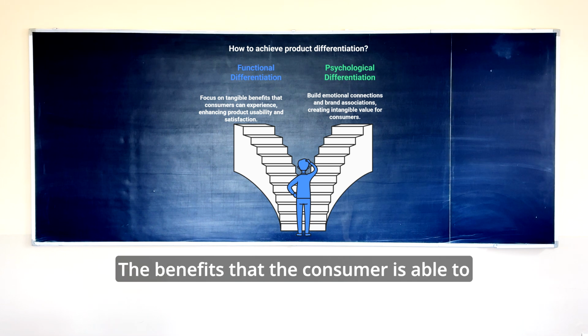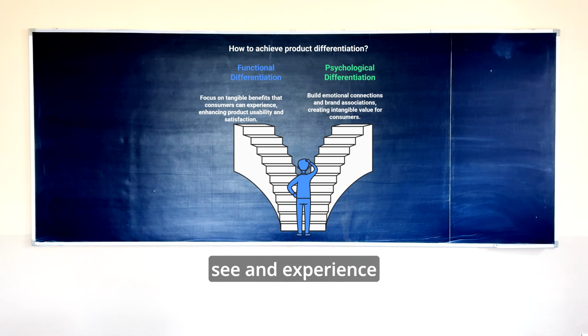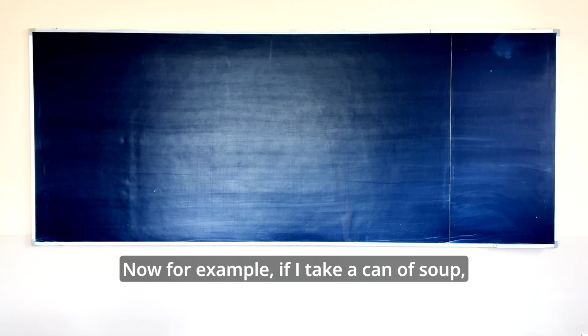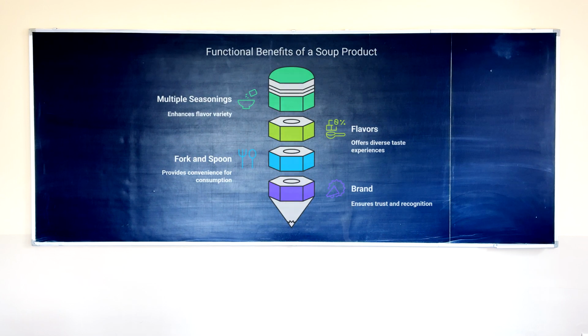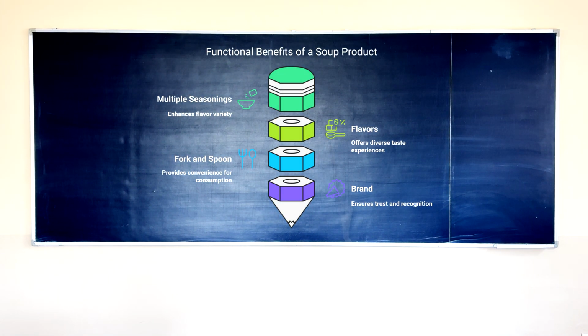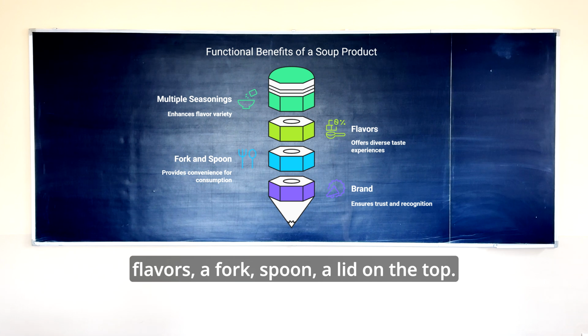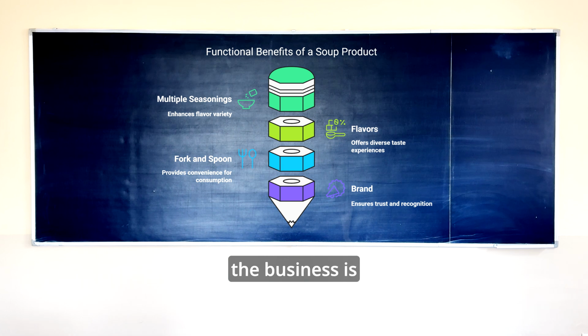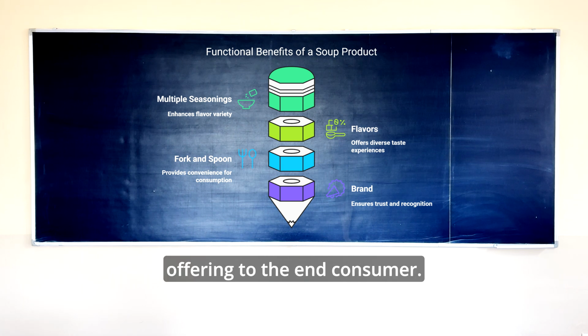The benefits that the consumer is able to see, experience, feel and touch with respect to the product. For example, a can of soup will have multiple seasonings, flavors, a fork, a spoon, and a lid on the top. These are the functional benefits that the business is offering to the end consumer.